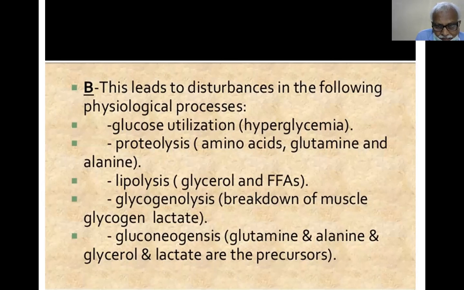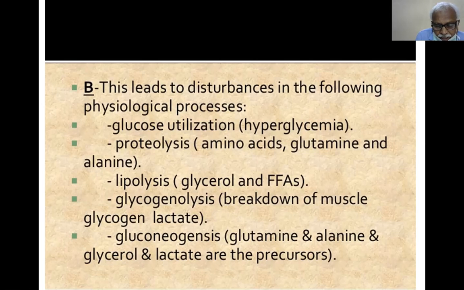In proteolysis, amino acids will be coming down due to the breaking of the proteins in the muscle. Glutamine and alanine will be coming down into the blood. You know, the alanine glucose cycle.